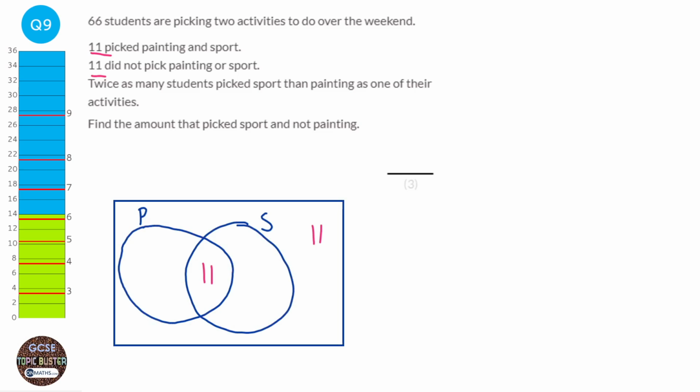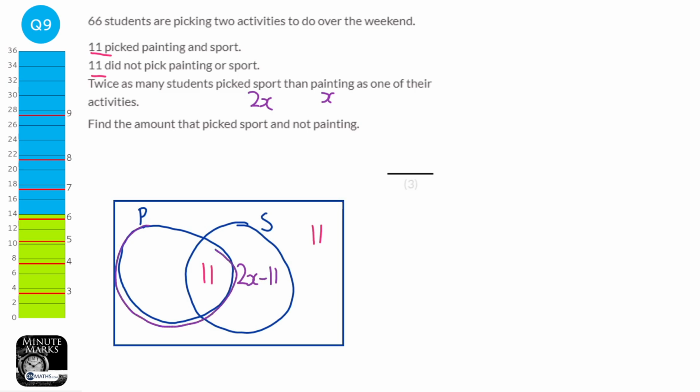Now, what we can do is say, okay, if the painting we label as x, then the sport will be 2x. But if you look, we've already got a number in the sport, that 11 there. So in algebra, this will be 2x take away the 11 that we already know about. And the painting is the same.